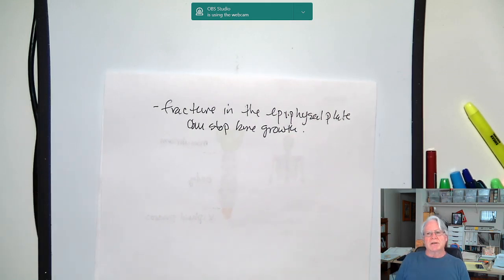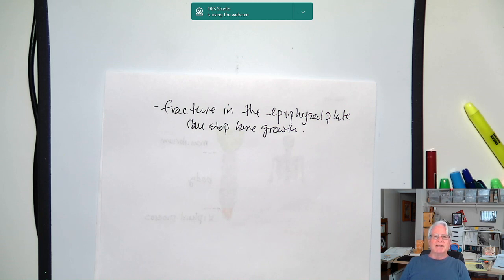If you're a young person and you're still growing and you have an accident and you fracture a bone and that fracture disturbs the epiphyseal plate, sometimes that will cause the whole process to come to an end. And so that bone will not complete its full growth.